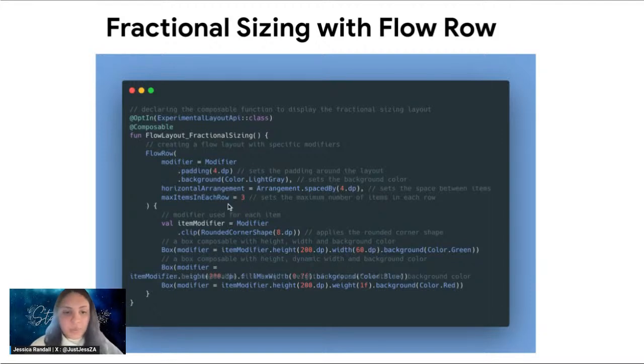And I used maxItemsInEachRow, and I set it to 3, so there's a maximum of 3 items in each row. Then I created a modifier which will be used for each item, which is how I want each item to look. I wanted it to be clipped with a round cornered shape of 8 dp, which makes the shape of the sections rounded.